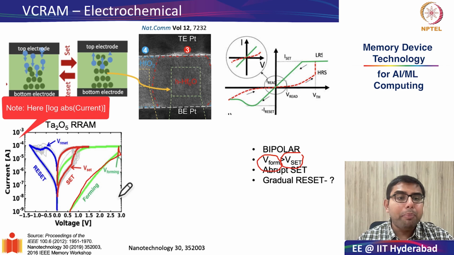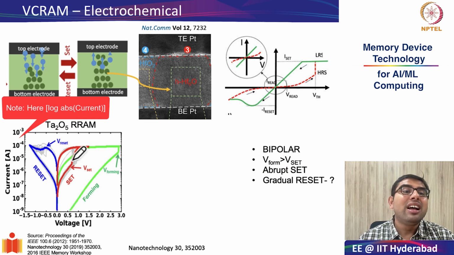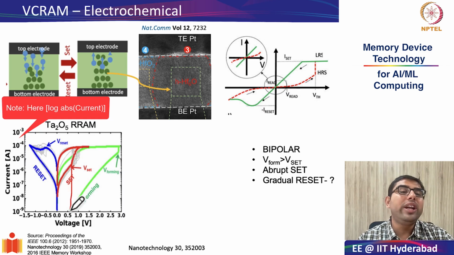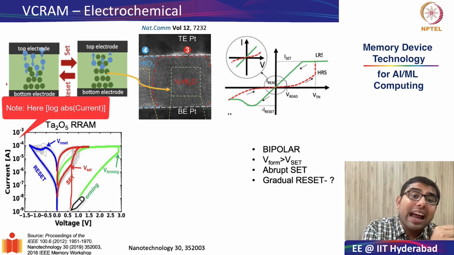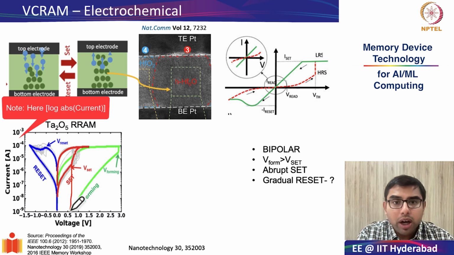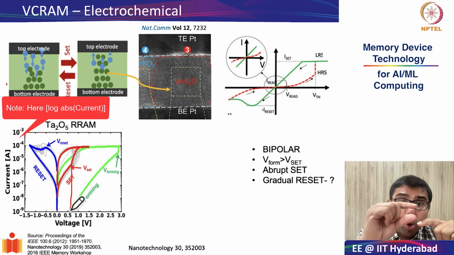And this happens at roughly 3 volts. But subsequent set cycles require a much lower voltage of only 0.5 volts. You can understand this by looking back at your previous slide. Remember, once a filament is formed, the annihilation is only partial.